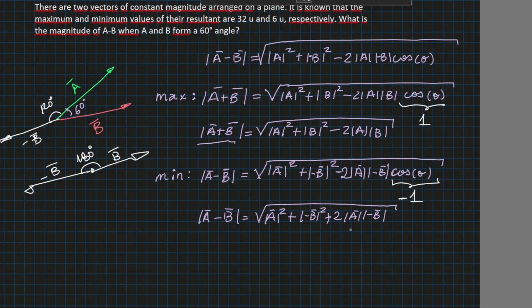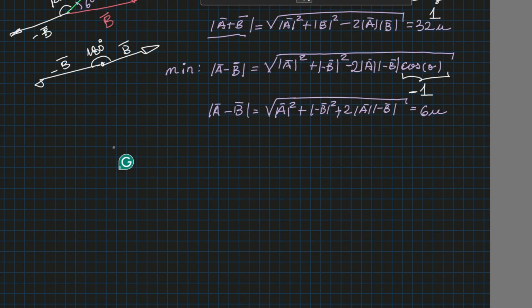Okay, so to make it easier, they also tell us that the maximum resultant is 32, so this is equal to 32 units, and the minimum value of the resultant of these two vectors is 6 units, so this is 6 units.